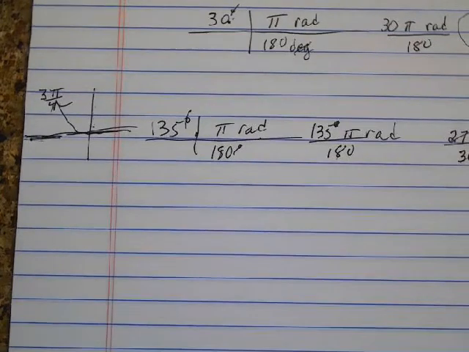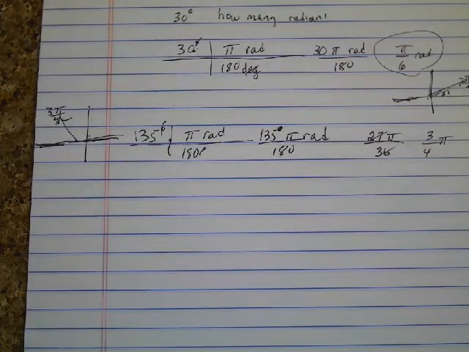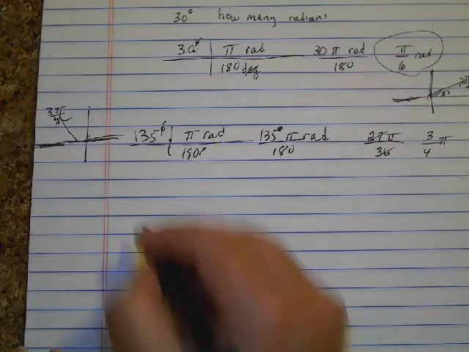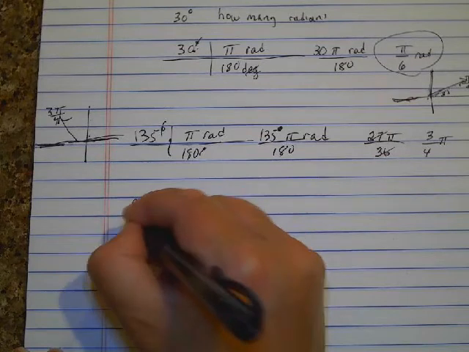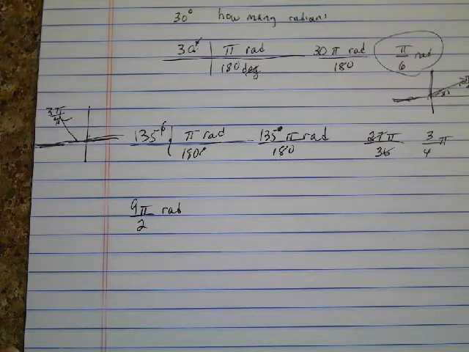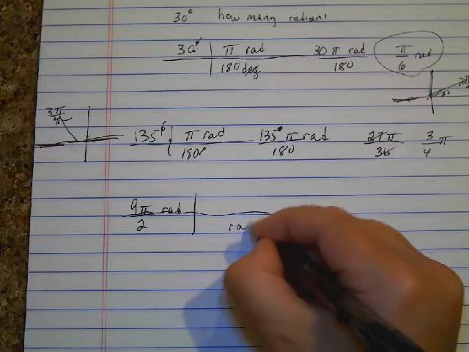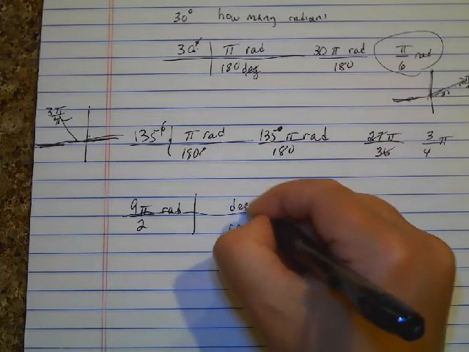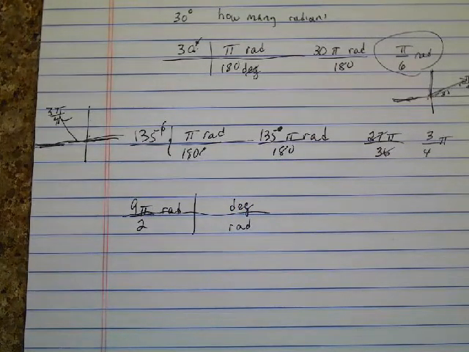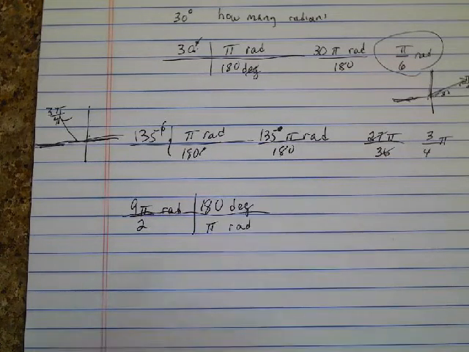Okay, let's do one that is a radian to start with. Let's think about 9 pi over 2 radians. So this time I'm trying to get rid of radians, so I want radians to be on bottom. And I want degrees to be on top. So this time the 180 goes here and the pi goes here.